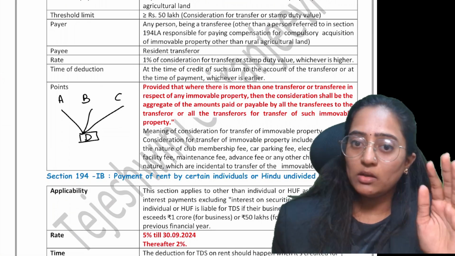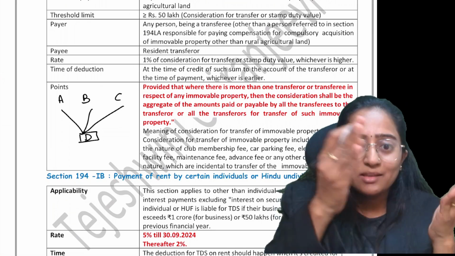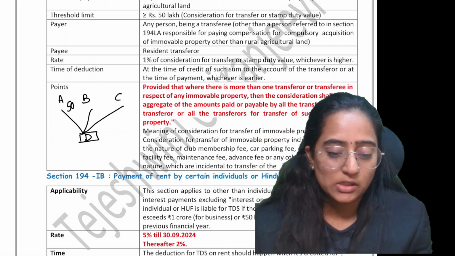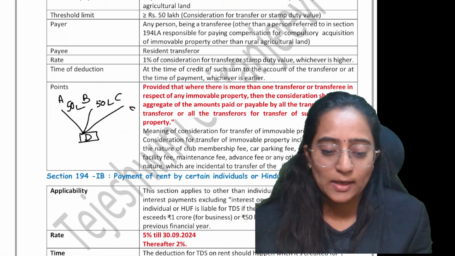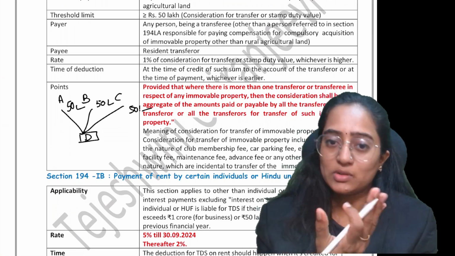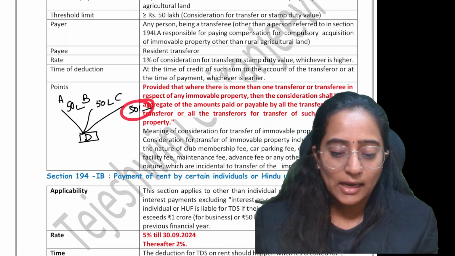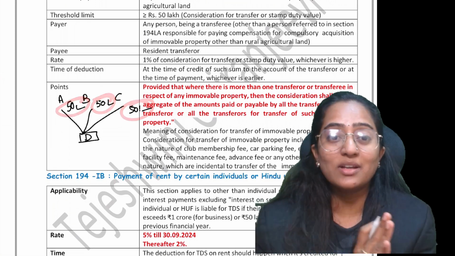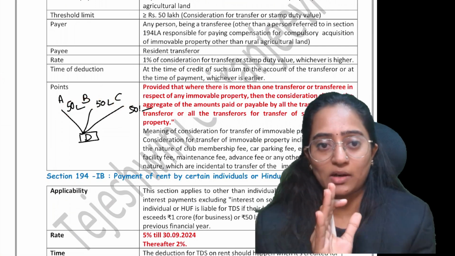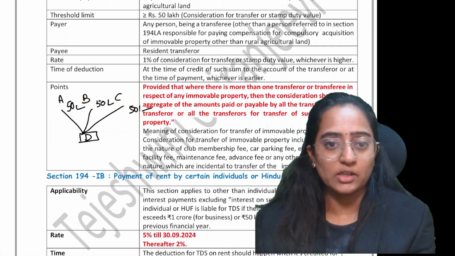Mr. D settles the transactions, providing 50 lakh rupees to this fellow, 50 lakh rupees to this fellow, and 50 lakh rupees to this fellow. For the calculation of TDS, the total which you have paid for the multiple transfers of one property will be considered as the consideration.